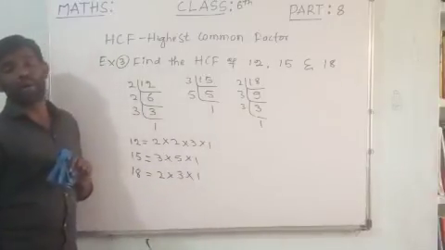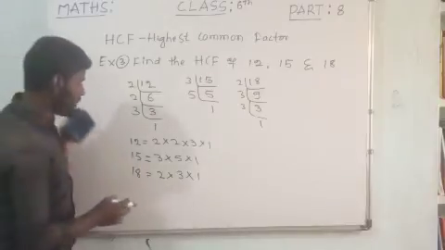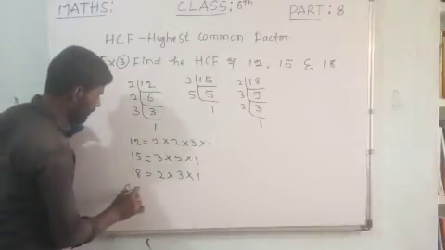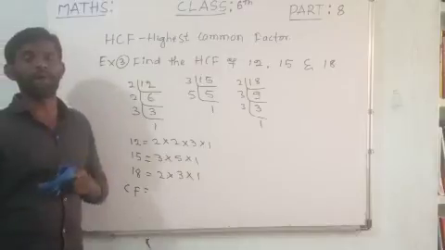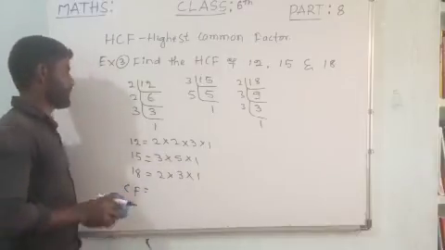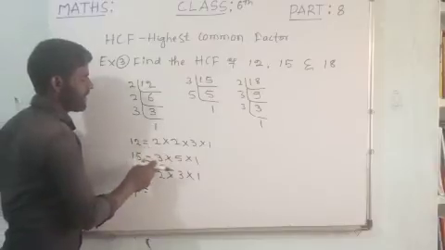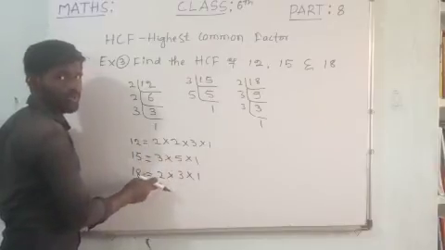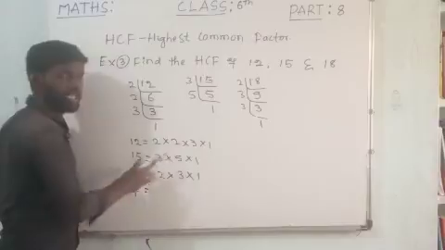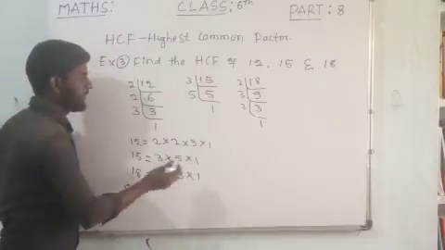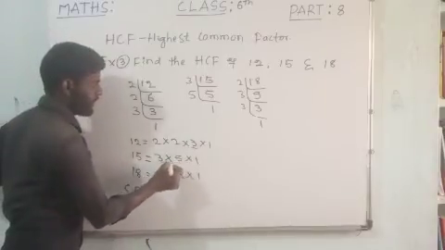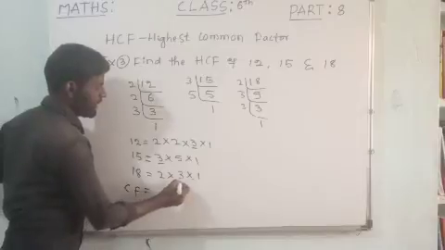See, dear children, you need to write the common factors. Common factors means the number which is present in all 3 groups. Here 2 is available, here not 2. We want 2 to be present in all 3 groups, but it is not present, so leave it. Then take 3: here also 3, here also 3, here also 3.